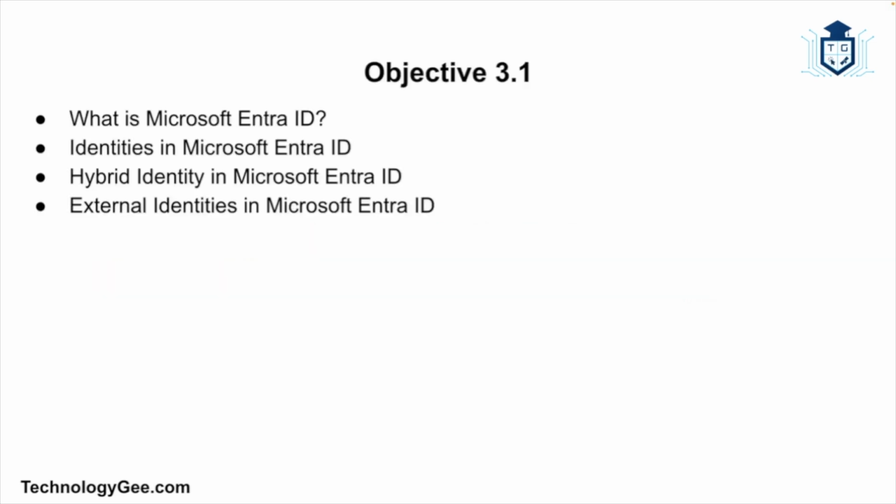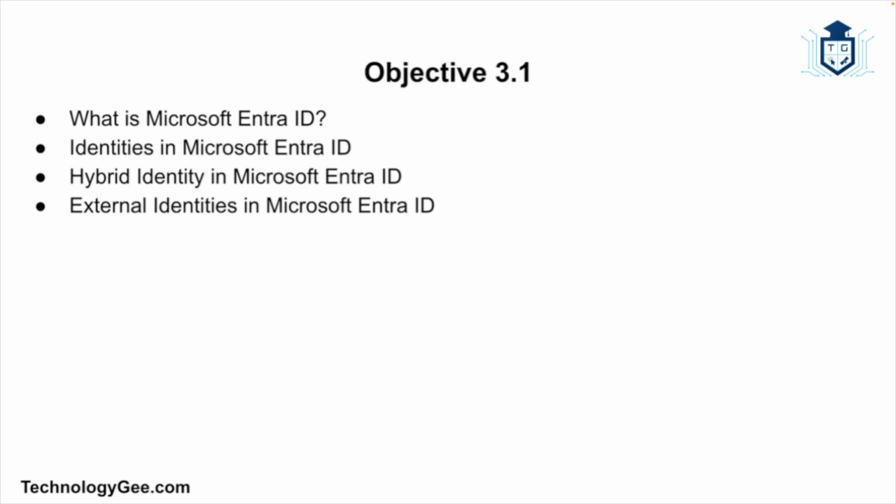In today's digitally connected world, identity management is at the core of secure and efficient access to applications, devices, and data. Microsoft Entra ID, which was previously known as Azure Active Directory, serves as Microsoft's comprehensive cloud-based identity and access management solution. It empowers organizations to safeguard their digital environments, streamline user access, and support modern workplace requirements.